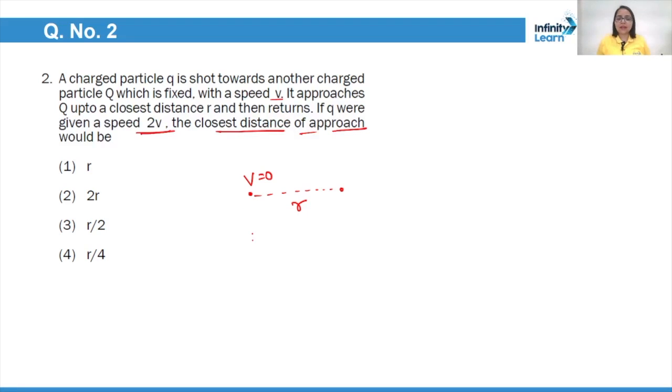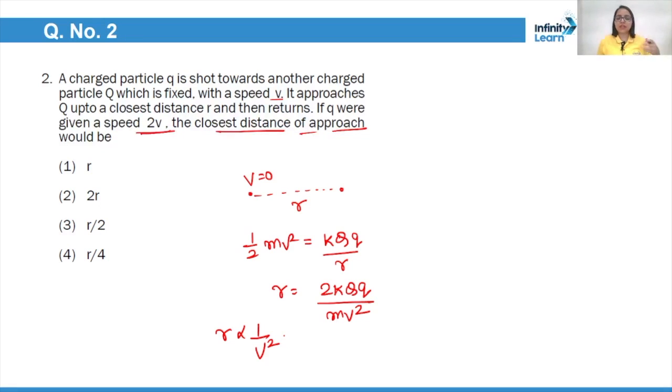That means its kinetic energy half mv square is nothing but in the form of potential energy of the two charged particle system. So that is kq upon r. So r will be 2kq upon mv square. Now you can see that r is inversely proportional to v square. If you are increasing the value of speed by 2 times, closest distance of approach will decrease by 1 by 4 times. So new closest distance of approach will be option 4, r by 4.